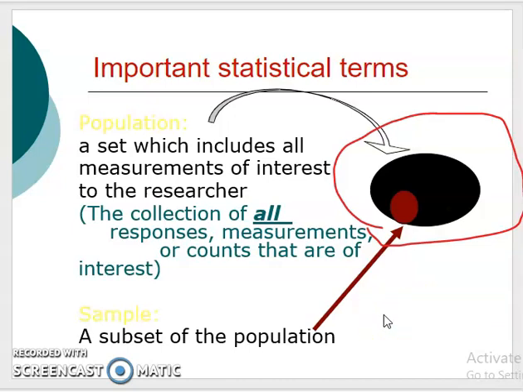Hope it is clear, the terms sample and population. The whole pond water can be considered as a population, and similarly there may be different ponds in a particular area, and we are just choosing one or two ponds to collect the sample. The pond will be the population, and the water which we are taking from it will be the sample.